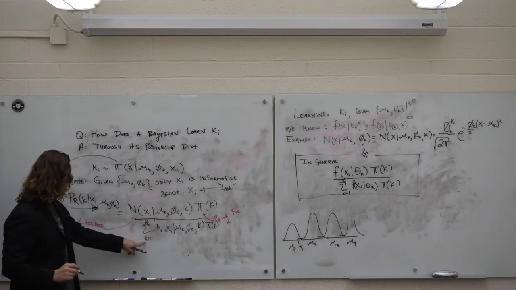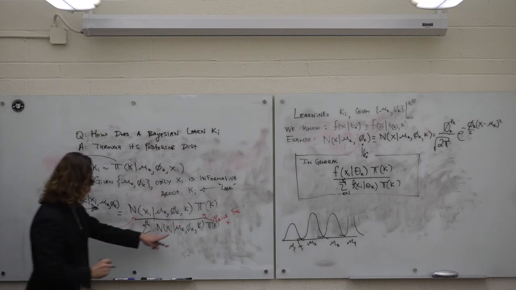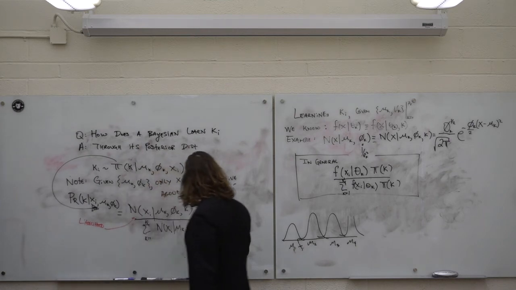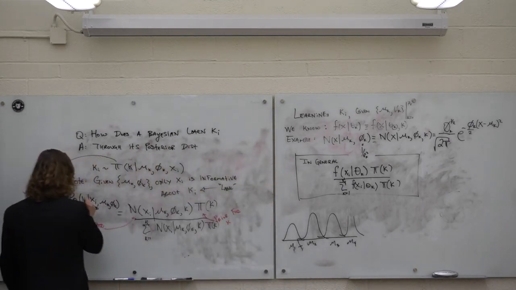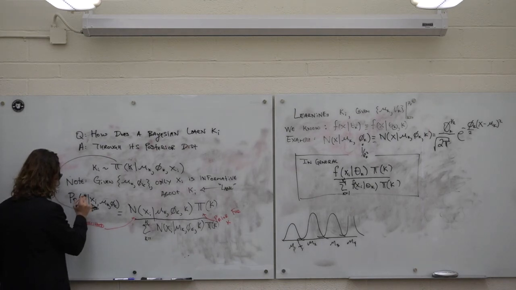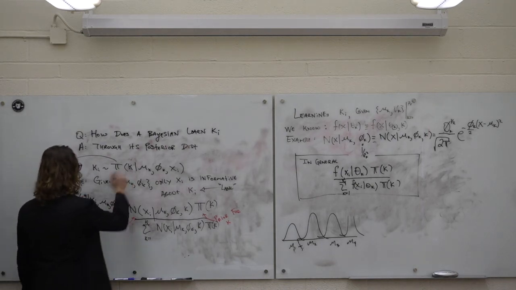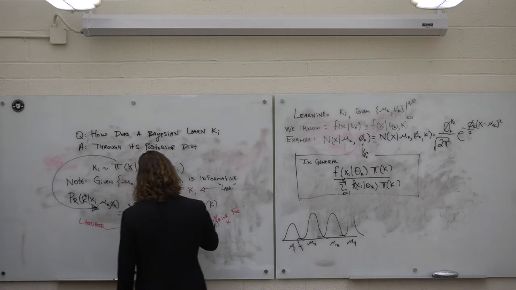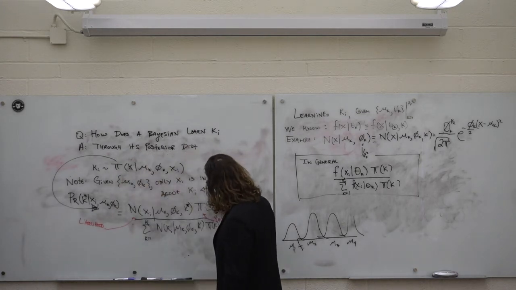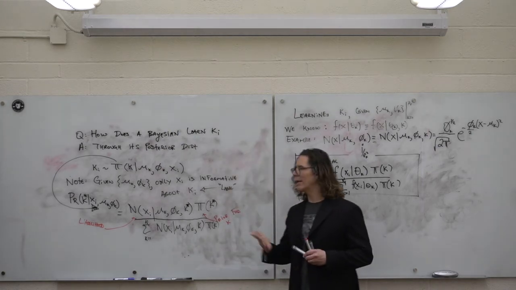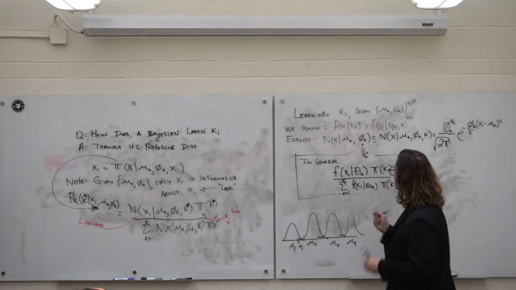Now I've used the dummy index down here for k. So these k's right here are not that k. This is a specific k. So let me be a little bit more specific. And I'm going to put a star on there. I'll say this is a specific value of k.